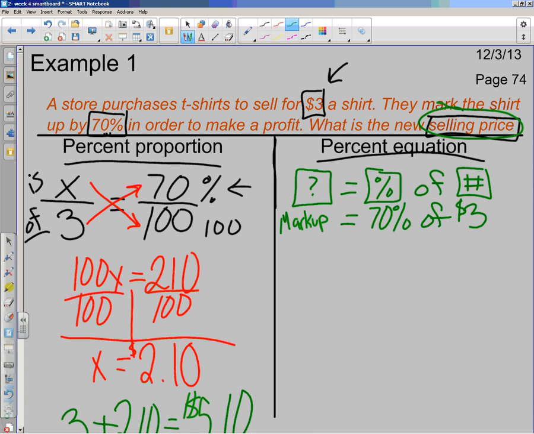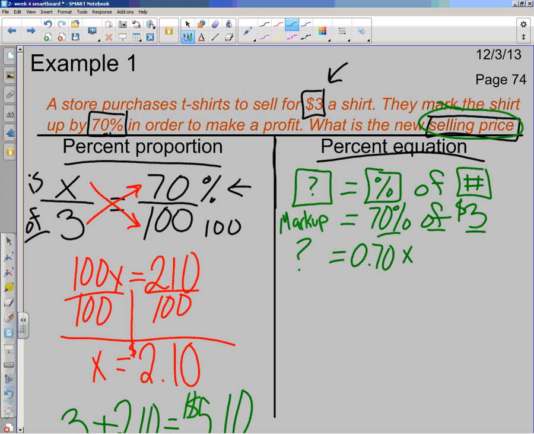There's a couple different ways that I can use this equation. I can do it similar to the way I worked the percent proportion and say, okay, well, I need to find out what 70% of $3 is. And when you are using the percent equation, you turn your percent into a decimal. So instead of 70%, I would have 0.70. That represents 70%.